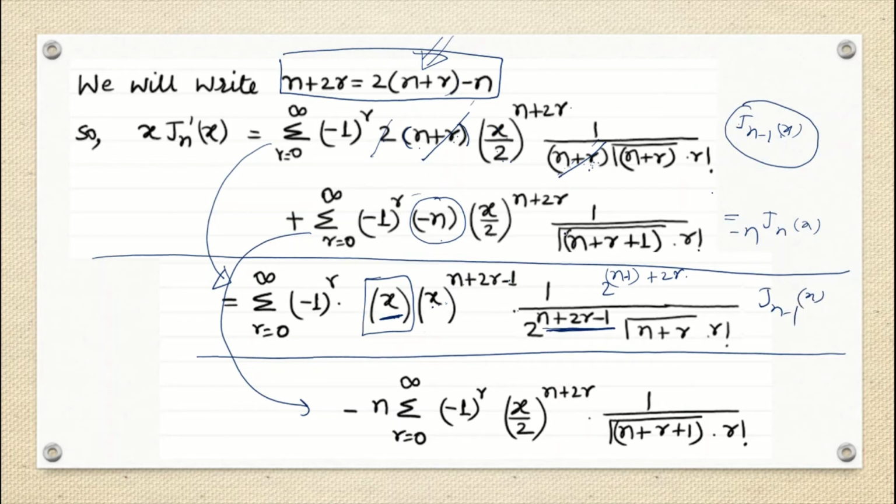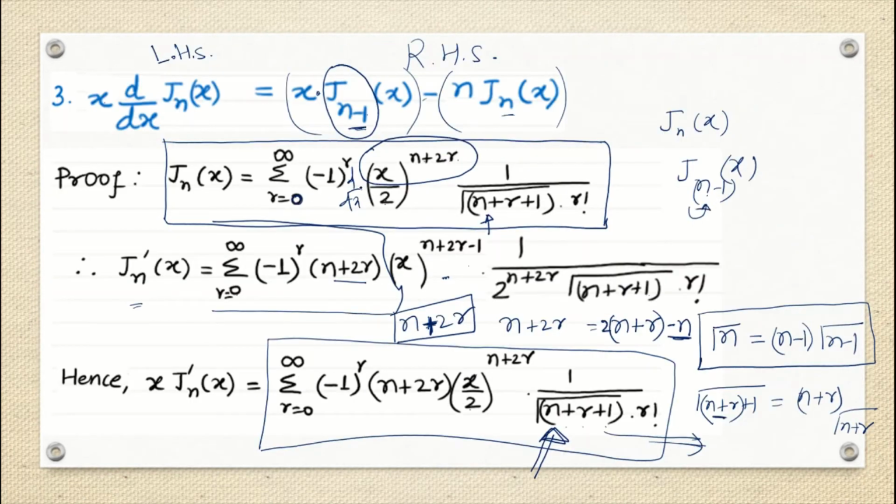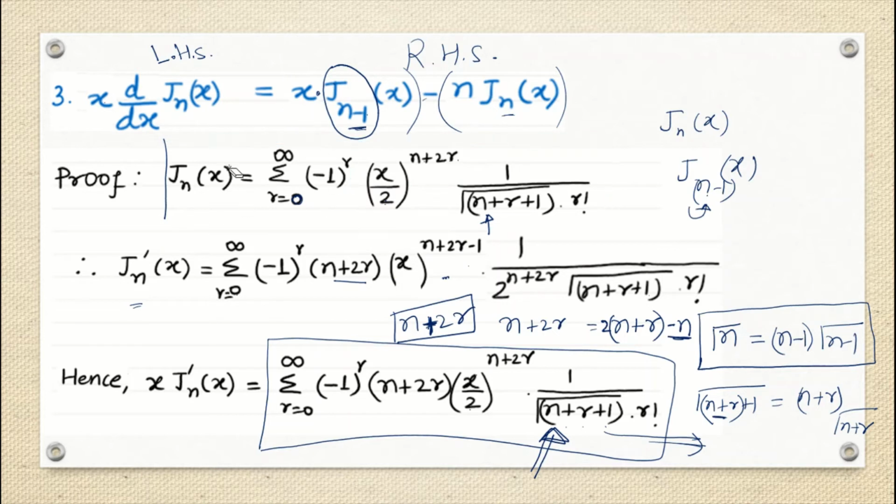We have covered this concept in the previous class, how to find the series for my Jn minus 1 x. If you have to write the series solution for Jn minus 1 x, what changes do you have to make in your Jn x series solution? Wherever you have n, just make it n minus 1.